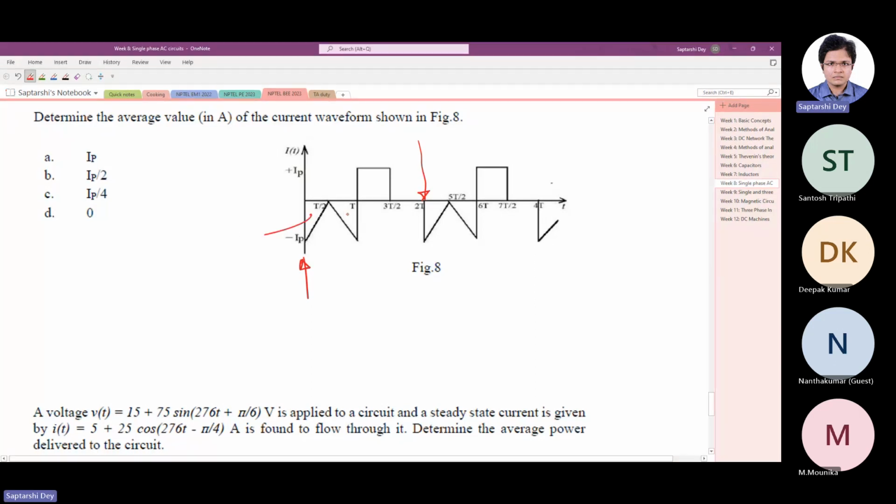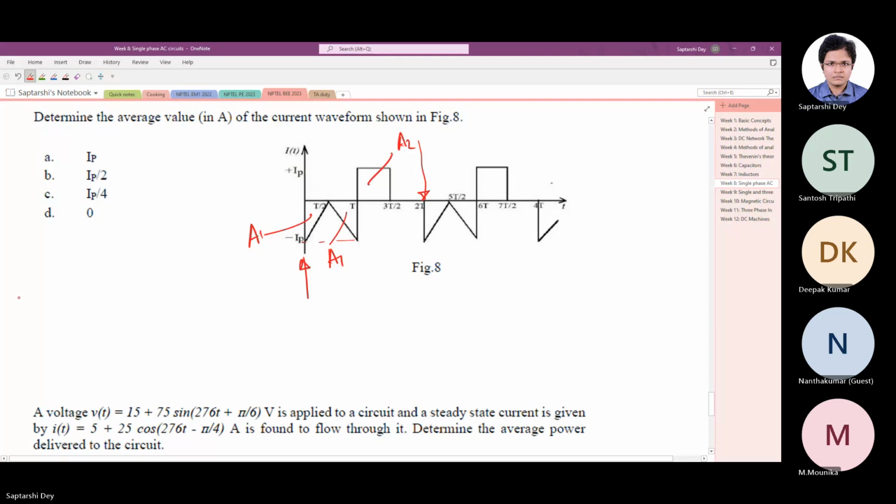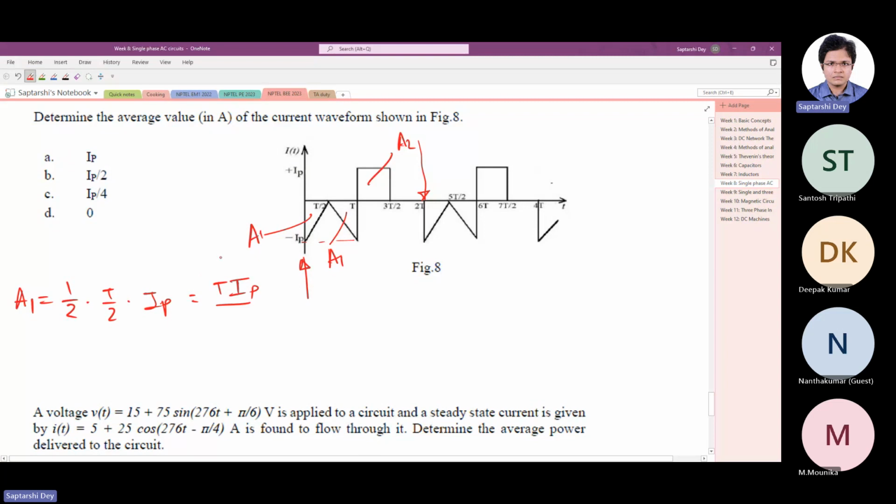This area and this area, I'll call this area A1. If this is A1, this is also A1 because their heights are the same and bases are the same. And this one is A2. So A1 is half into base into height, which is T times IP by 4.